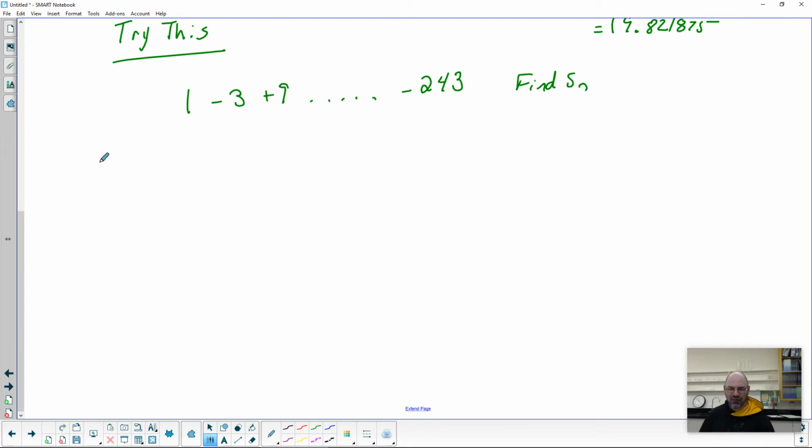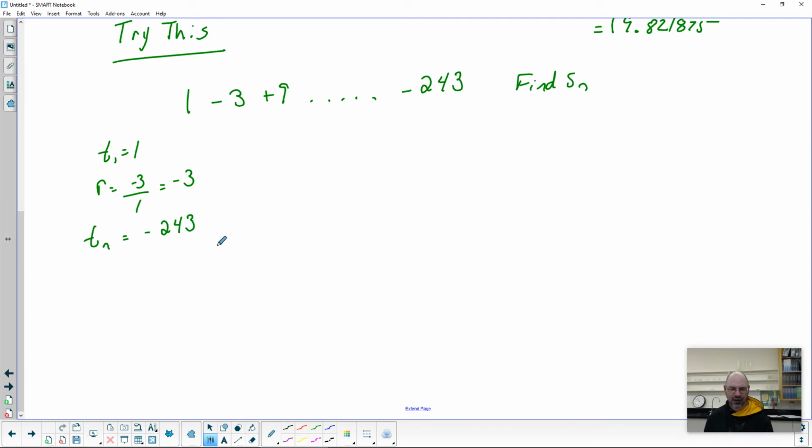Okay, if you've unpaused, first thing we're going to do is T1 is 1. R is equal to negative 3 over 1, which ends up being negative 3, right? Okay, multiply by negative 3, multiply by negative 3. And Tn is equal to negative 243.